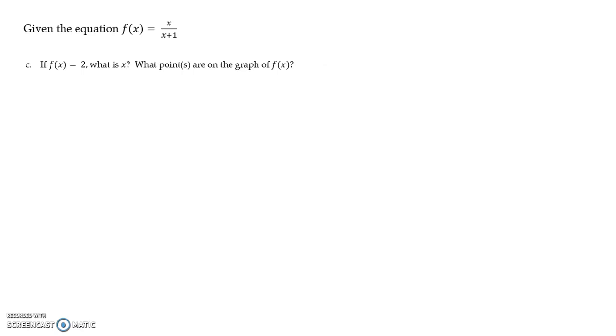For part C, this time they're going to give us f of x is equal to 2, and we want to find the x value. We also want to know what point is on the graph of our function. So let's plug in the 2 for the f of x value.